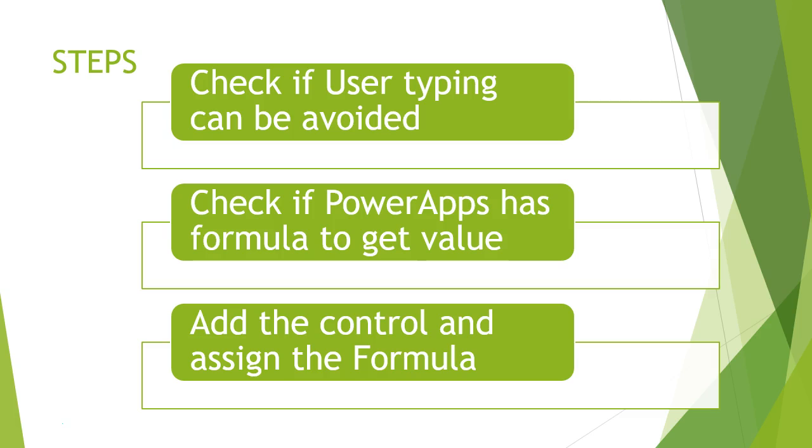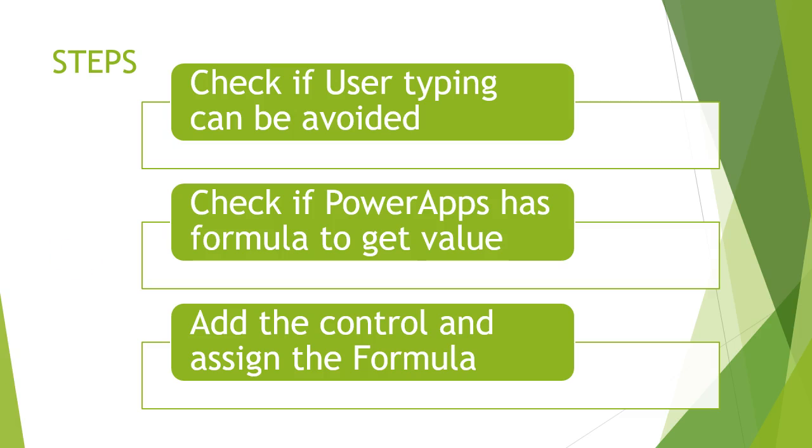For these, Power Apps has functions available. Do a check on the Microsoft site to see if Power Apps has a formula to get the value based on your business need. Mostly, if it's available, you add the control, either a label or a picture, and then assign the value to the formula.